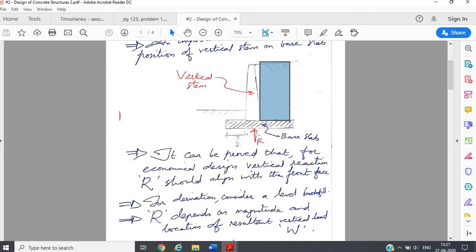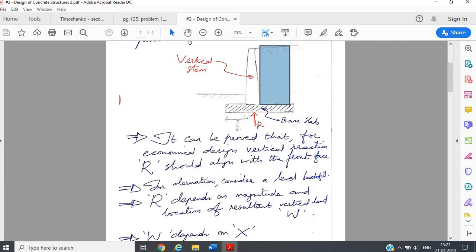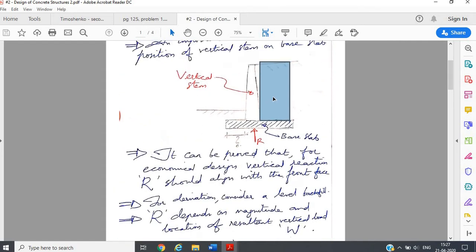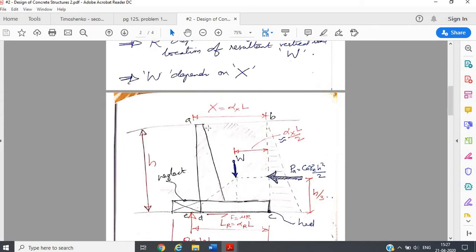So R is the total vertical reaction, which is a resultant of all the weights of the retaining wall plus the vertical force due to the weight of the soil. It depends on the total weight, and which also indirectly depends on this length.